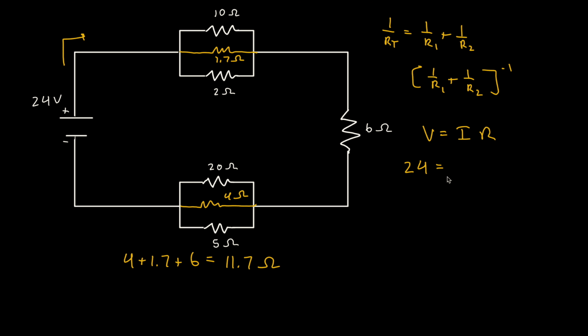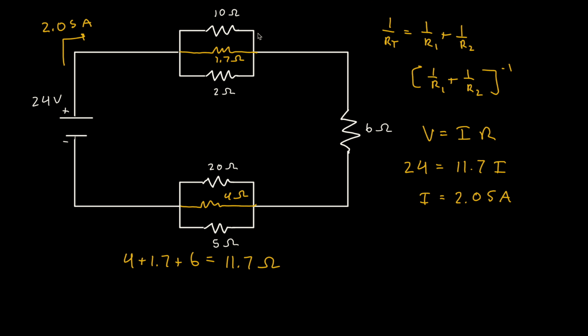And then resistance, we have 11.7, and we're trying to find our current. So this is just going to be 24 divided by 11.7, and our current is going to equal about 2.05 amps. So 2.05 amps is going to be flowing through our entire series circuit.